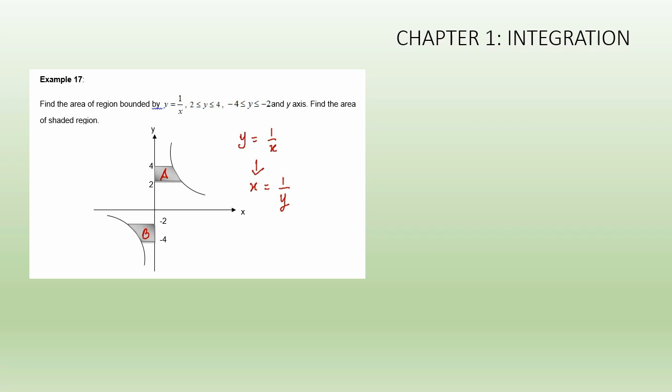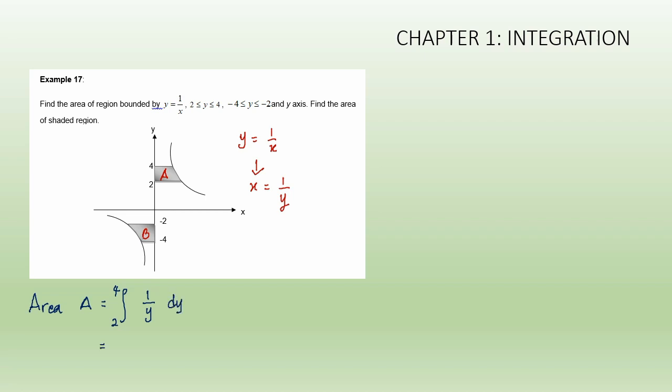First we look at region A. The area for region A is the integration from 2 to 4 of the function 1/y with respect to dy.